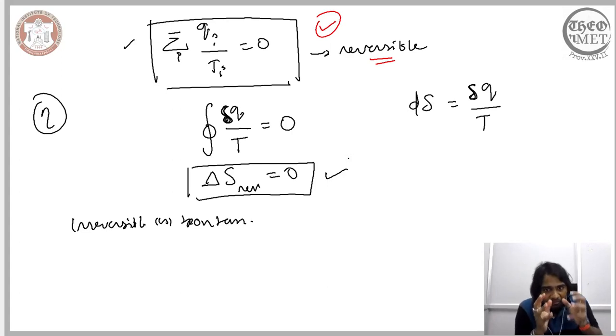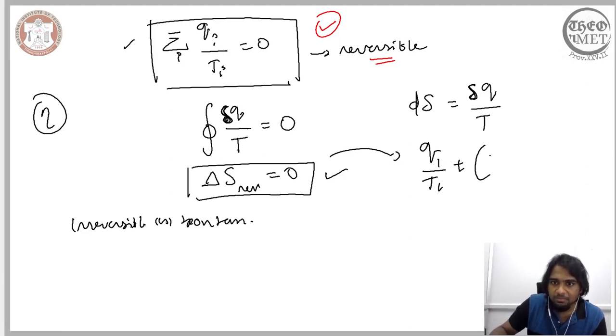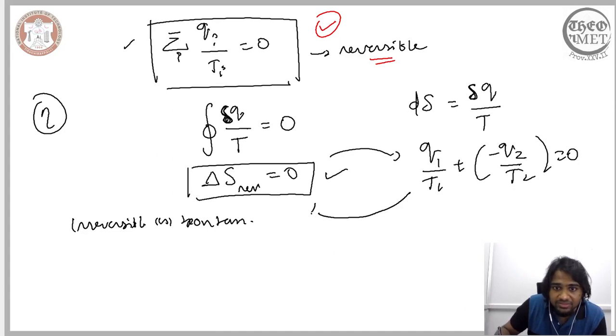Now, this we arrived at by considering the working of the Carnot cycle. The fundamental way of expressing this was Q1 by T1 plus minus Q2 by T2. This is the fundamental expression we arrived at from the Carnot cycle that ultimately helped us reach this very basic criteria, which indicates that there is no change in the entropy.